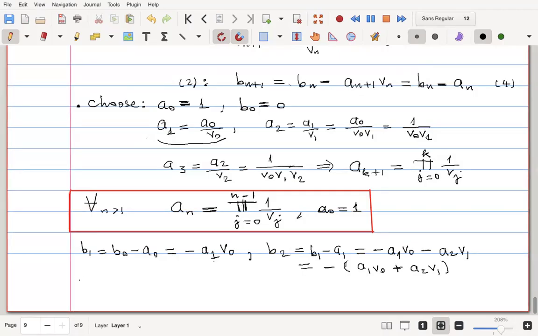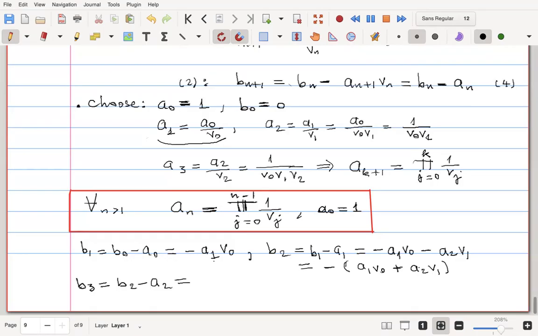I will do the last one and then I will write the pattern. So now if I write b_3, by definition from equation 4, b_3 will be b_2 minus a_2.